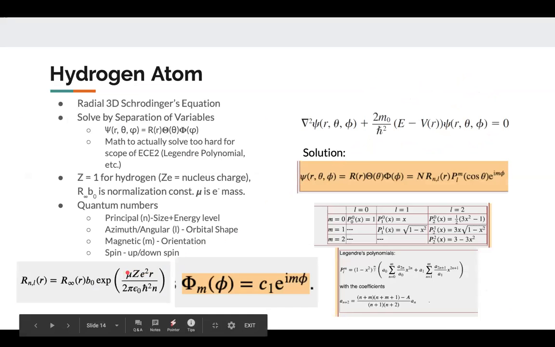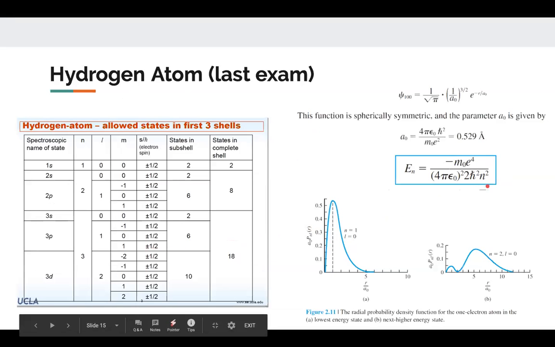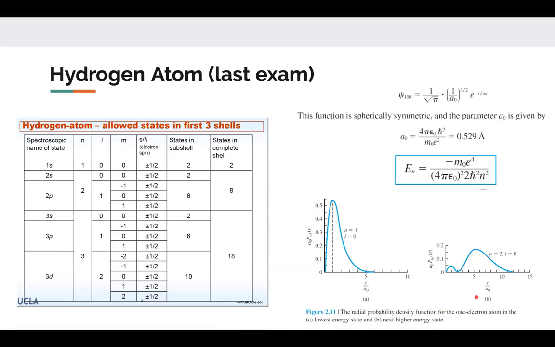If you go back to the first slide, that's basically here: you have r over n times a naught. So you substitute all this out for a naught. This is a normalization constant. And on the last exam, that would have been your answer for the hydrogen question.